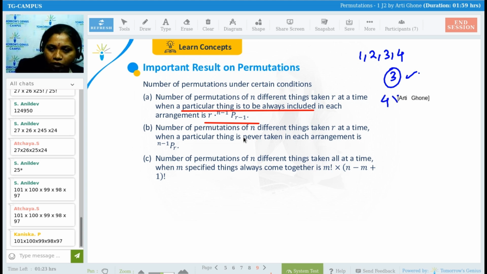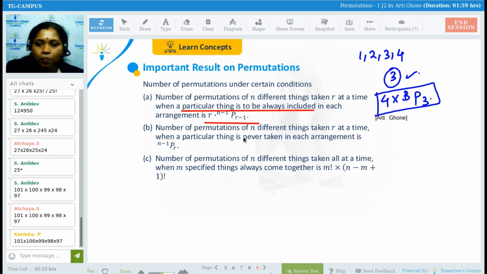So 4 times 3P3. You can get this result by calculation also, but this is an extra shortcut. Clear? If 1 is always included, then also the answer will be the same. If 2 is always included, then also, because we are seeing the condition of one particular thing always included. Clear? Okay. Next one.